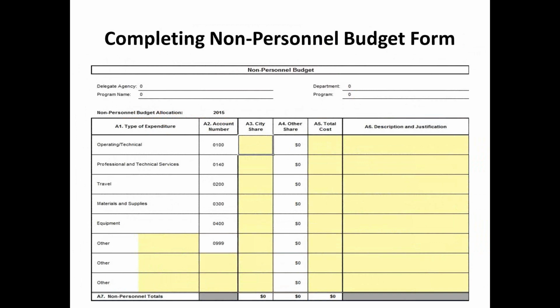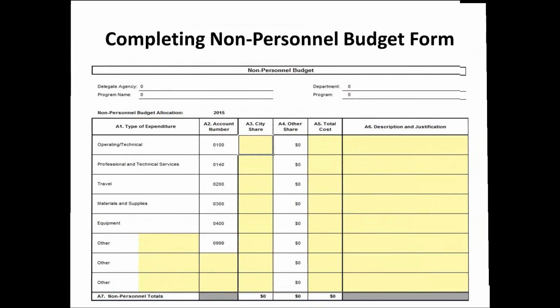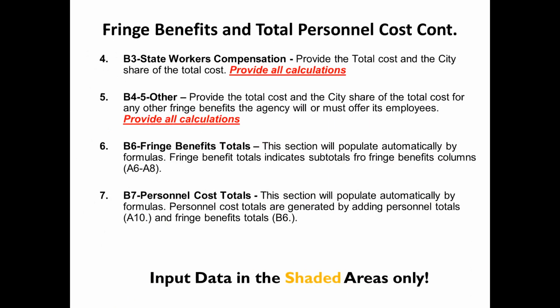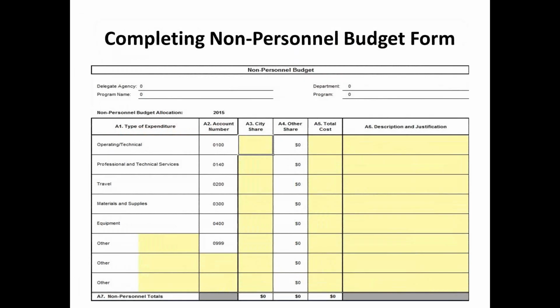So if we've then completed our fringe benefit section, we would be finished with our personnel costs form, and we are now ready to move on to our non-personnel budget form.